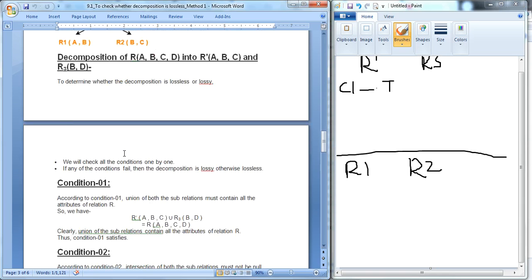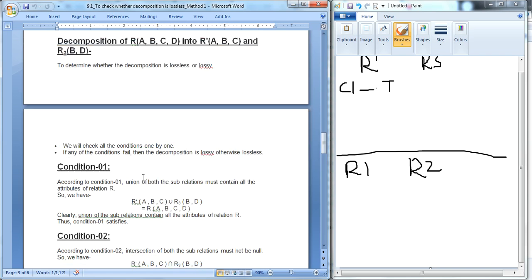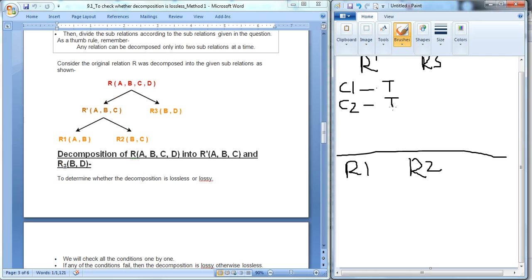Now the second condition: the intersection of R dash and R3, the common thing is B. Then we can say that condition 2 is true, because we got B as a common value. The intersection of R dash and R3 is not null, right? That's why this condition is also true.